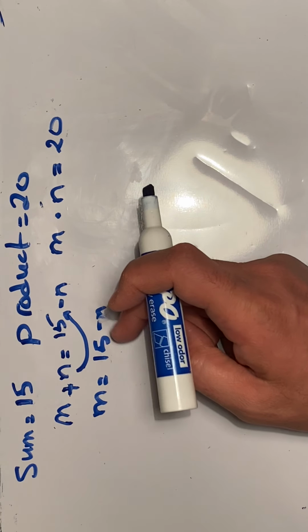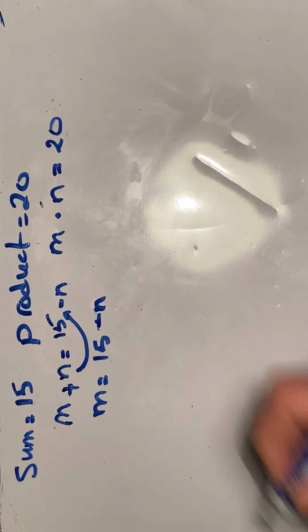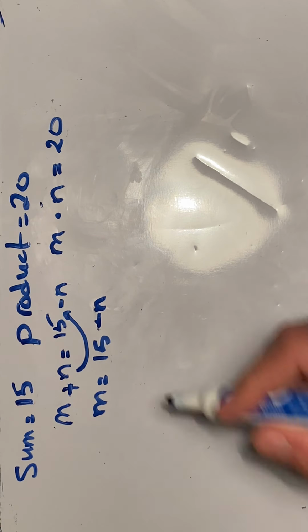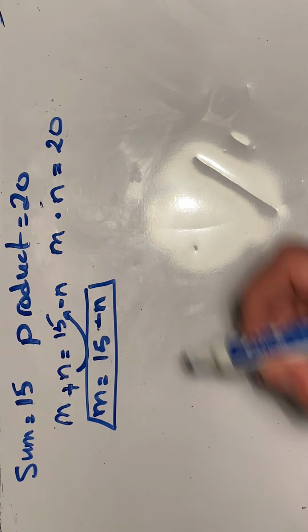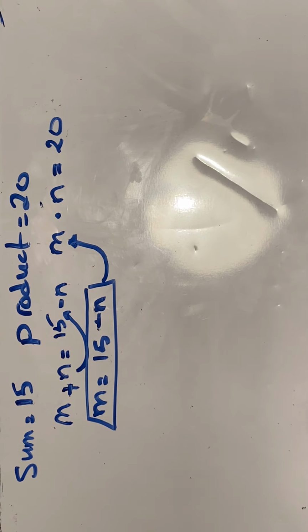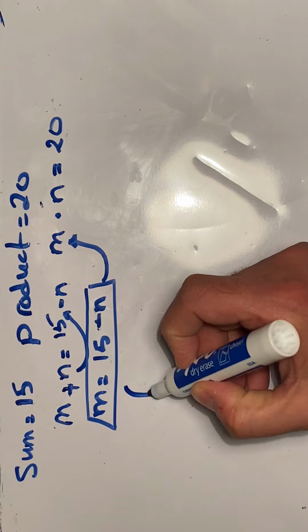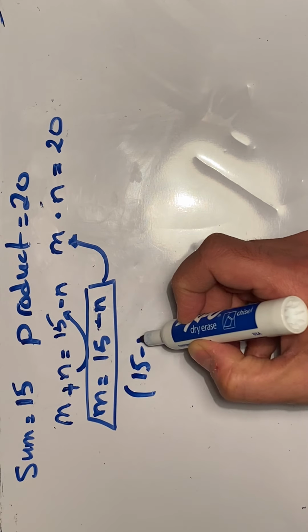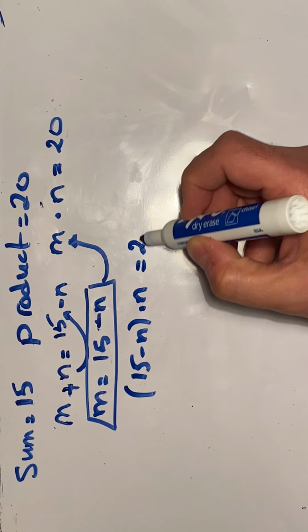Let's make it look nicer. 15 minus n, that's m. That's the value of m in terms of n. I would plug this value in here for m. So instead of m here, I would put 15 minus n times n equals 20.